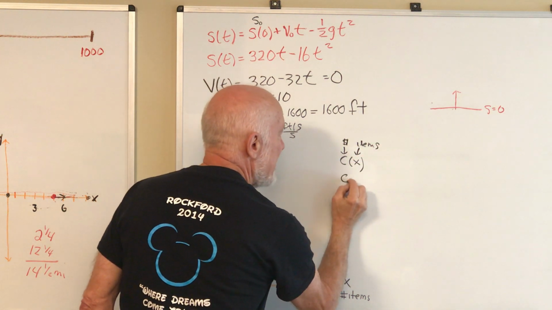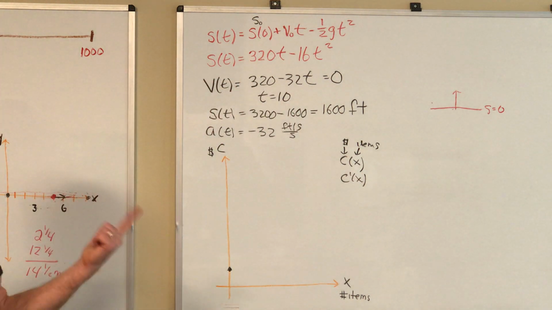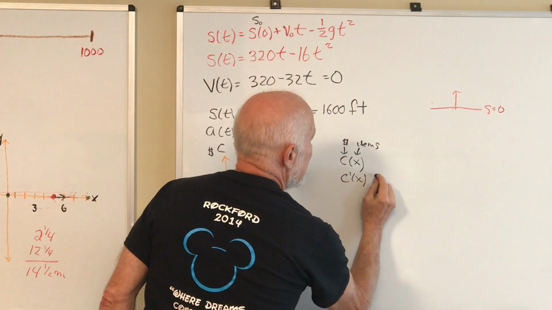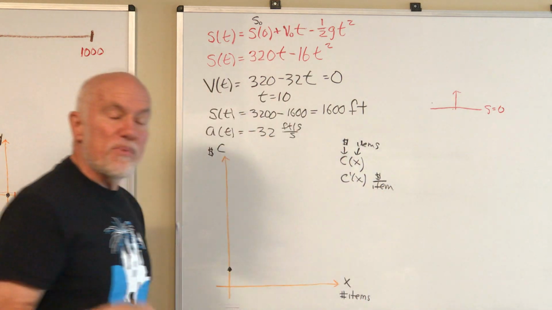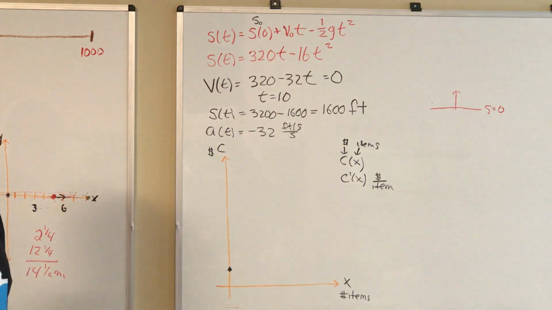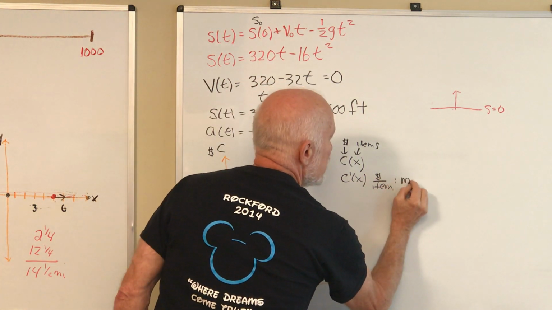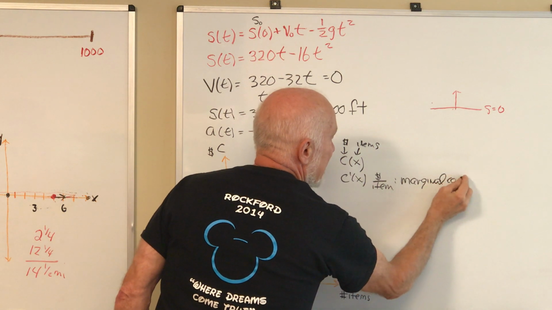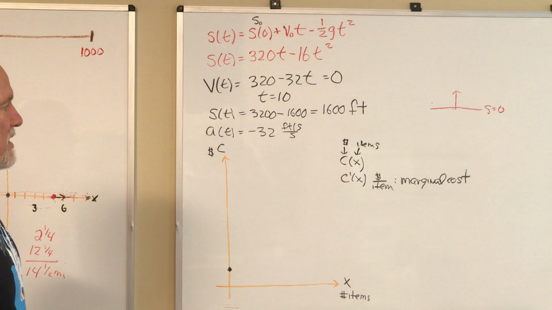What happens when you take the derivative? What are the units going to be in? The units are going to be in dollars per item. Not feet per second, they're going to be in dollars per item. That actually has a special name. It's called the marginal cost in economics. And that's basically the cost per item.